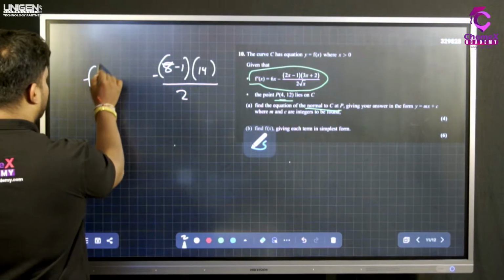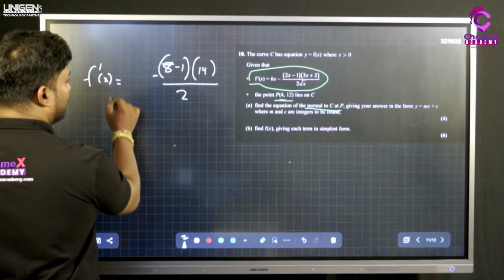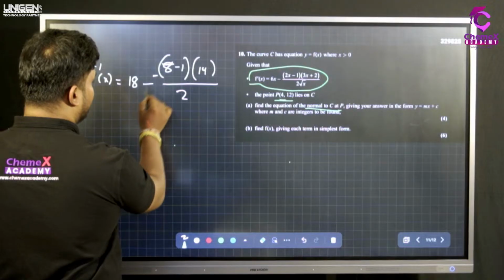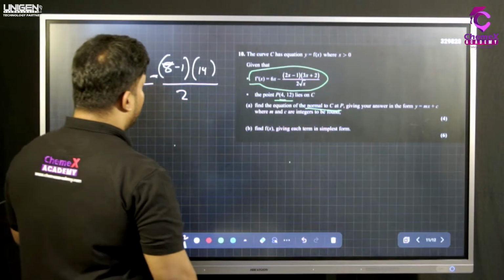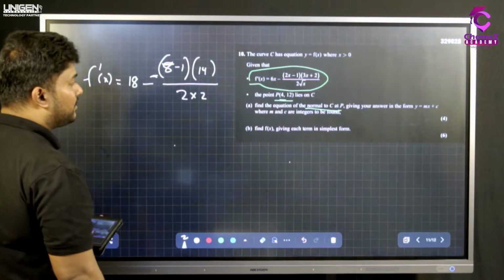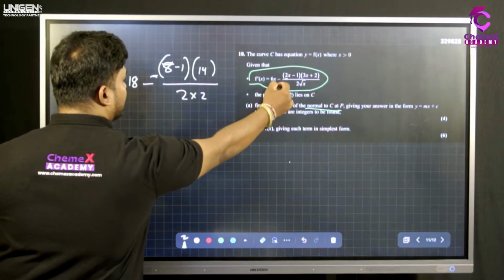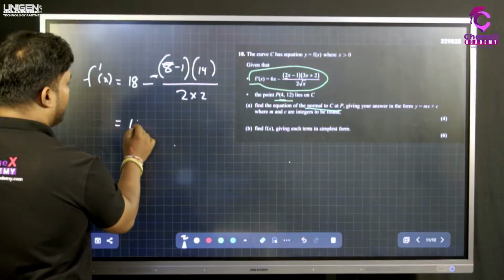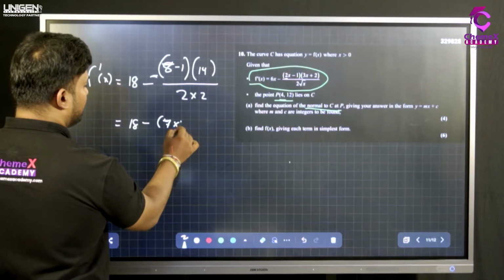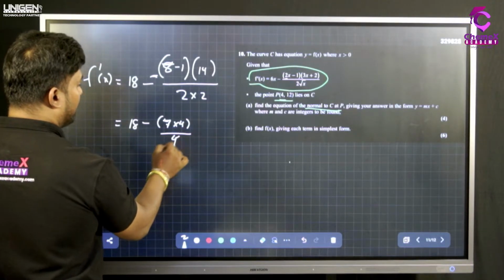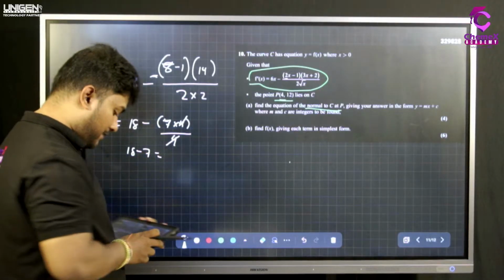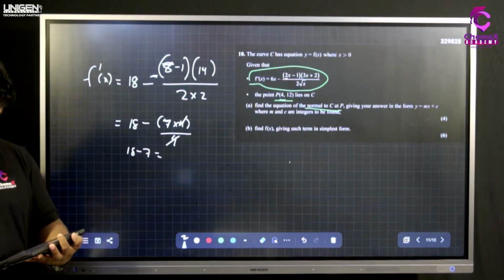So f dash x is equal to 6 times 3 is 18, minus 2 times root 4, which is 2. I just substituted 4 into these x places. So 18 minus 7 into 14 divided by 4. What's the value you get when you subtract 18 minus 7?